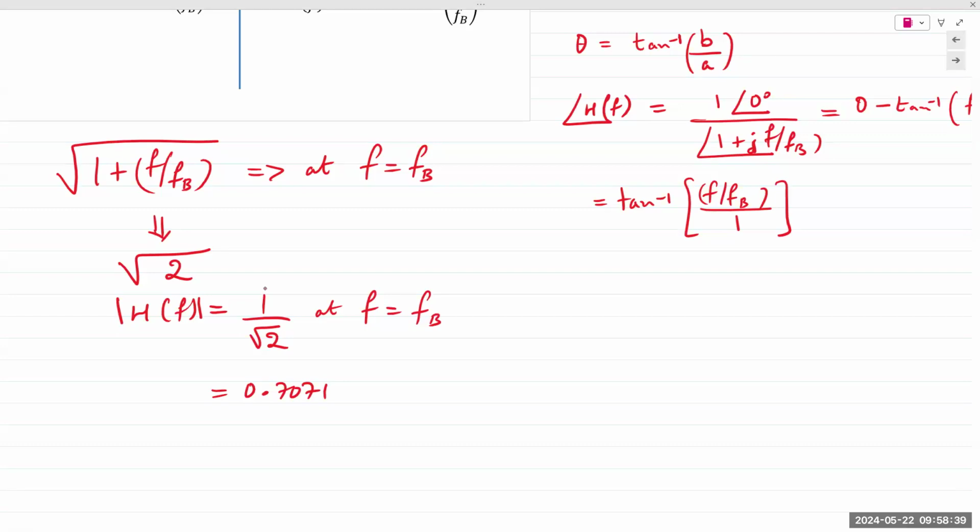When you plug in power, power is V squared. So 1 over root 2, squared, becomes 1 over 2. Hence, the power drops to half at f equals fb, hence half power frequencies. Okay, half power frequencies.